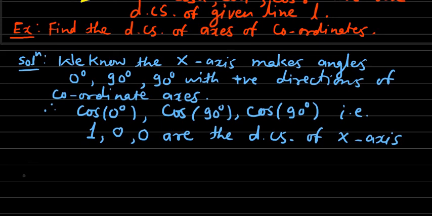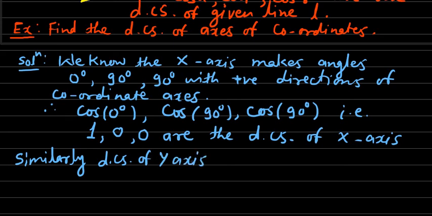It is not necessary to write all these things for the remaining two, as they are similar to this, so we'll mention it in short. Similarly, what are the direction cosines of the y-axis? Those will be cos of 90 degrees, cos of 0 degrees and cos of 90 degrees once again. I am writing this only for understanding purposes; actually we can directly write down the values also.